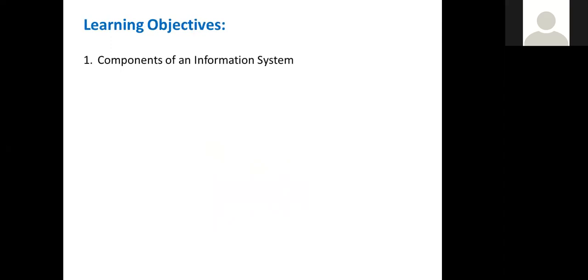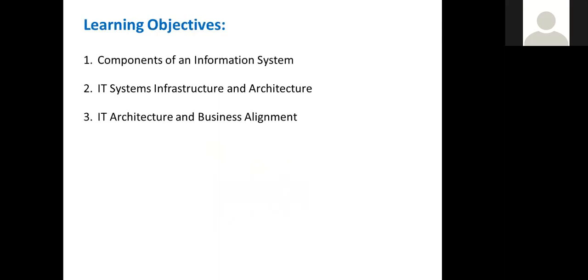And in this lecture, it is dedicated to the IT infrastructure, that is the hardware and the software, and how this hardware and software is connected and laid out so that it is able to manage information. That is the blueprint, the architecture of an information system. Okay, systems, infrastructure and architecture.